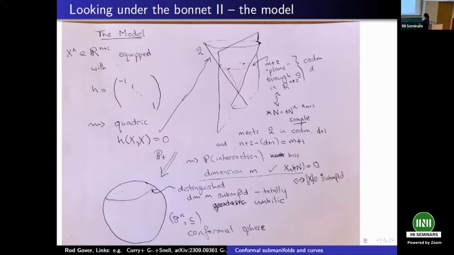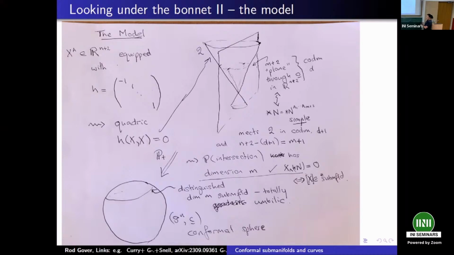And then, suppose you want to make some distinguished submanifolds on the sphere. What's the most obvious thing to do? You're sort of threatening to slap your student, and you say, go and make me some distinguished submanifolds on the sphere. What they'll almost certainly do is go away and take some plane through the origin and intersect it with that cone.